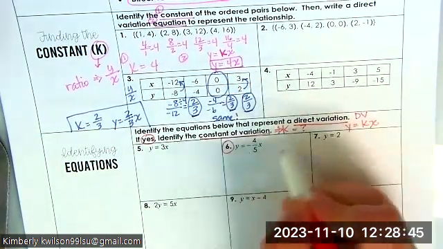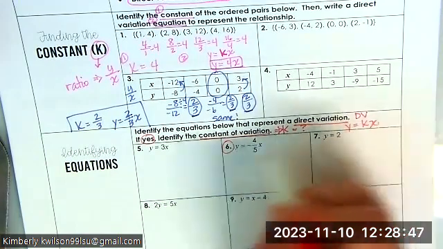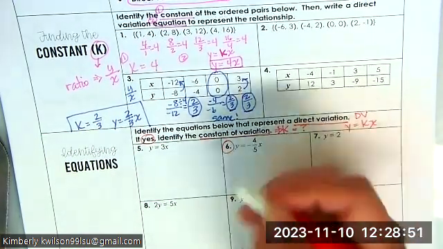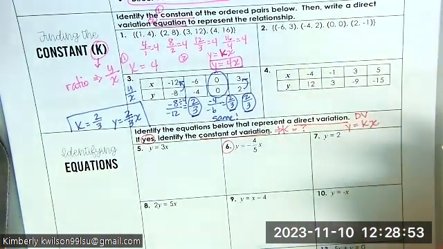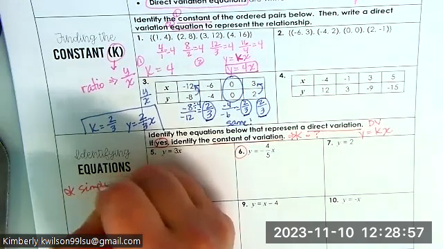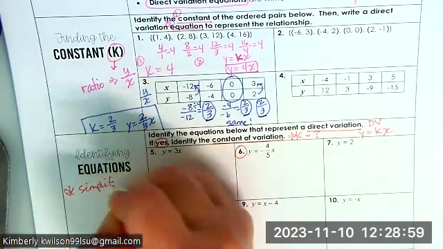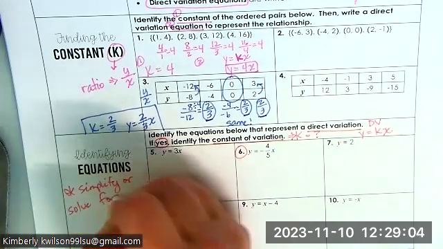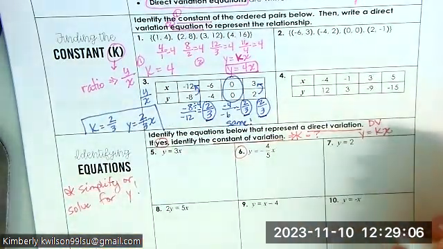This looks like the form of y equals kx. There's nothing added or subtracted to it. It's not something over here. I don't have to simplify anymore because y is by itself. So you want to make sure that you simplify or solve for y.